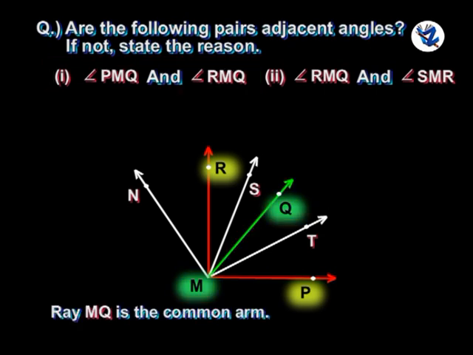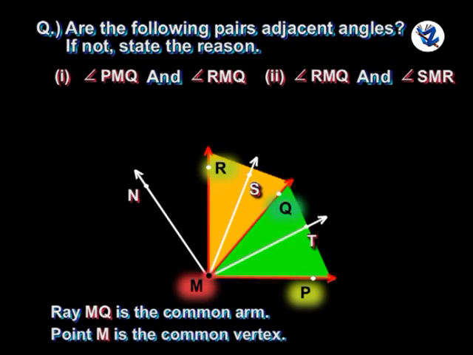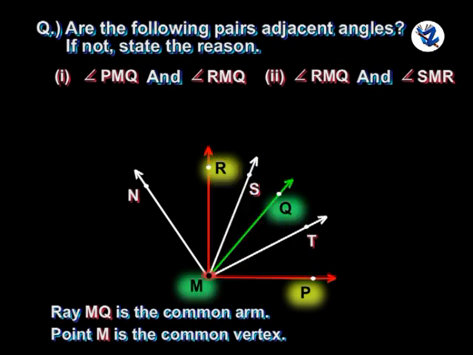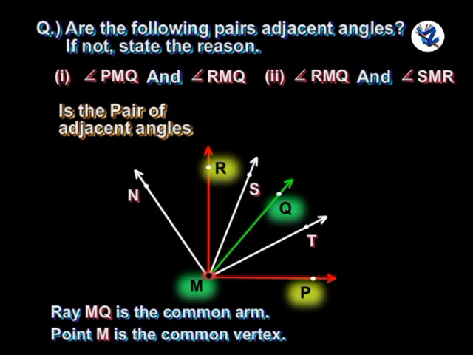Here, ray MQ is the common arm, M is the common vertex, and the interiors of the angles are separate, and therefore angle PMQ and angle RMQ is the pair of adjacent angles.